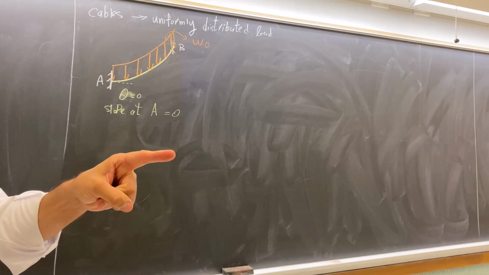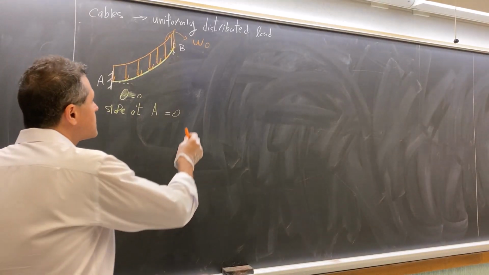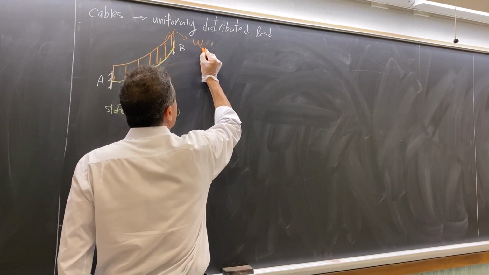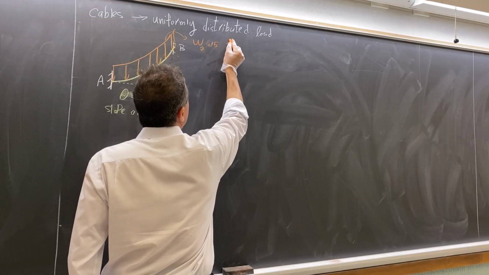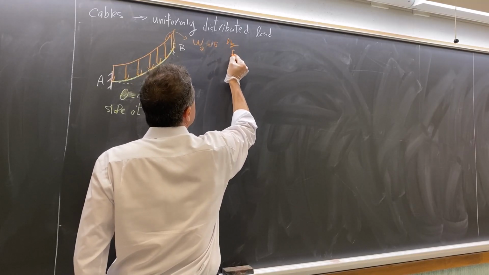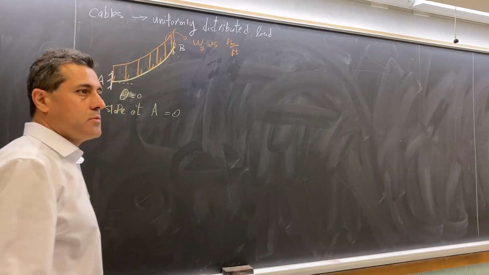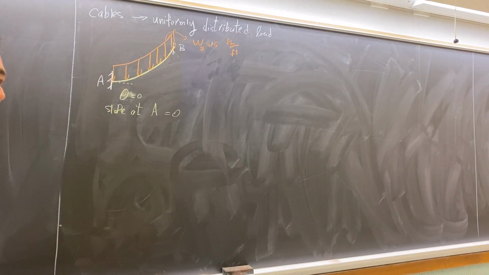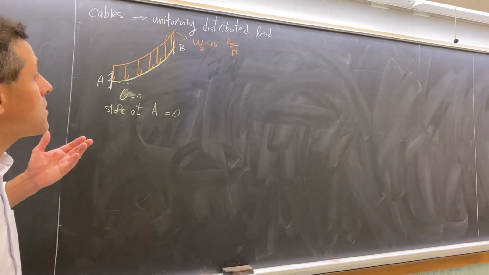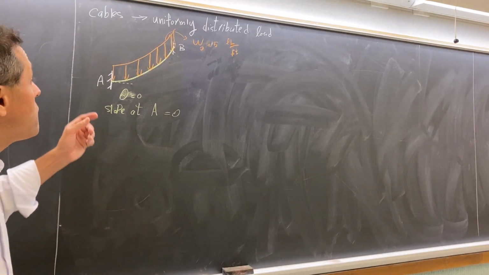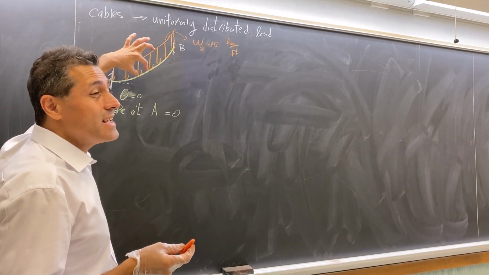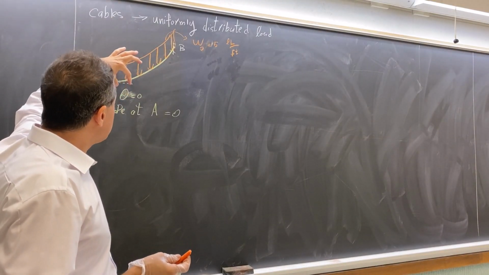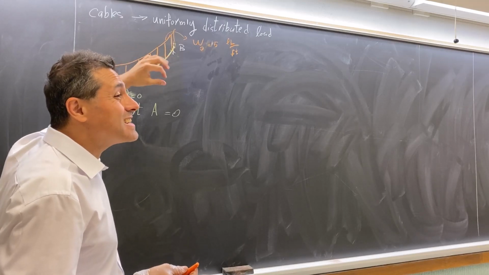What was your name? Daniel. Daniel, I say this w0 is 5 pounds per foot. What do we mean? For every foot, the weight is 5 pounds. But what is every foot? Every foot of the cable in arc, or every foot in the projected length?